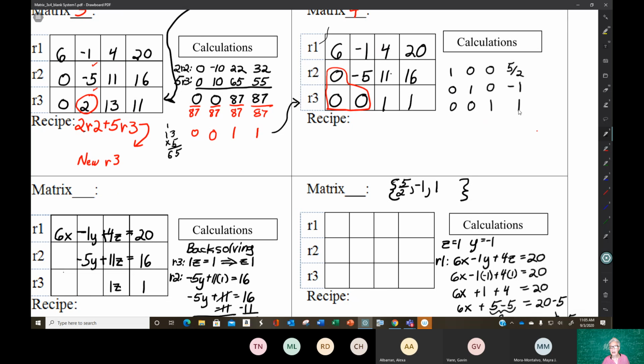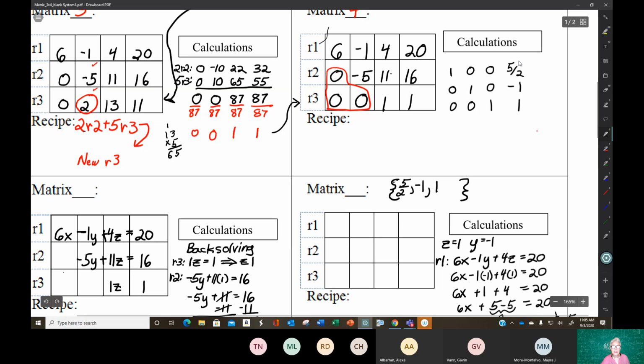That would have been how Jordan worked it, which means he keeps doing the row operations. These things are called row operations. He would have continued that until he got this upper triangle of zeros and ones down the diagonal. When that happens, your answers automatically appear.